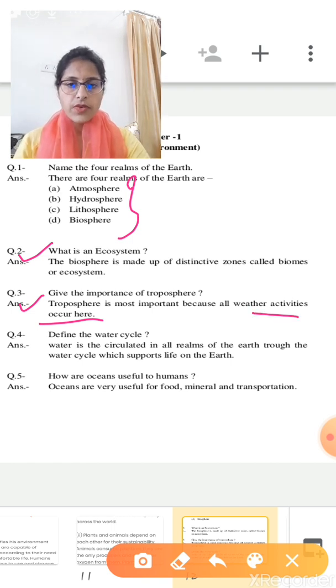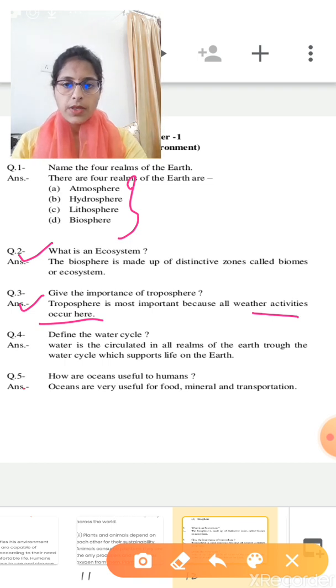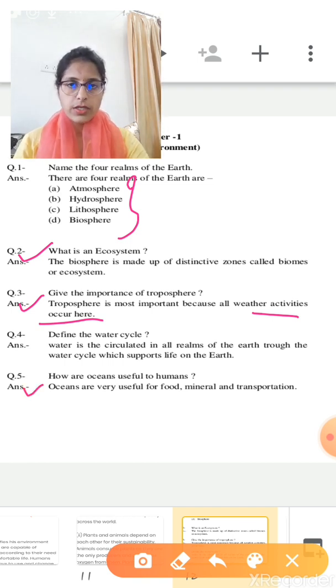Now the fourth one is, define the water cycle. Water is circulated in all the realms of the earth through the water cycle, which supports life on the earth. The fifth one is, how are oceans useful to humans? Oceans are very useful for food, minerals and transportation.